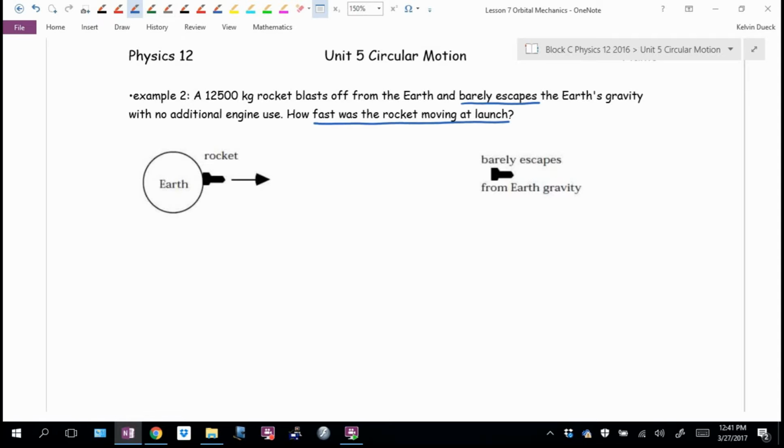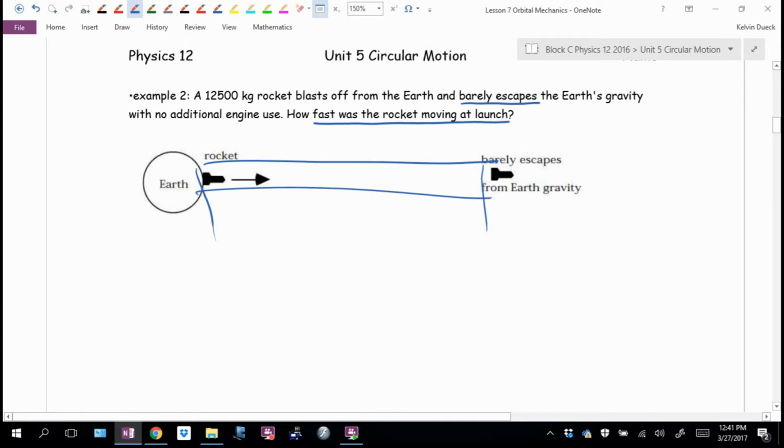Speed. Is there a change in height in this question? Is there a change in speed in this question? Say yes. Is there a yucky curvy force, a changing force in this question?